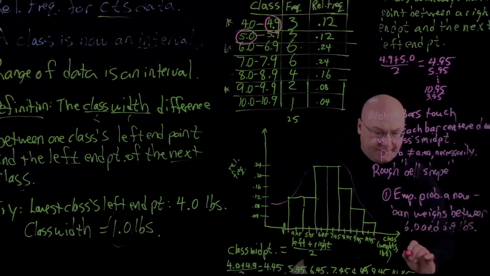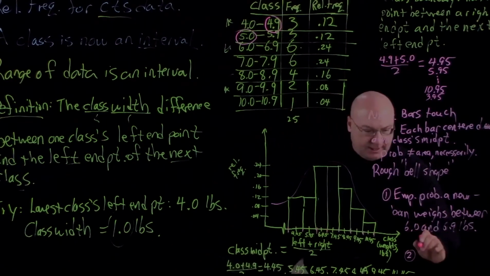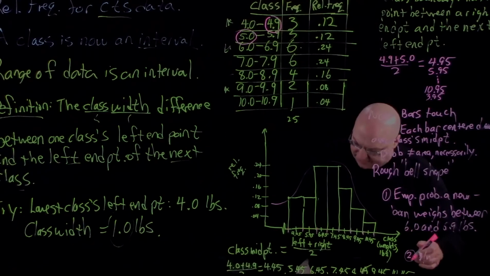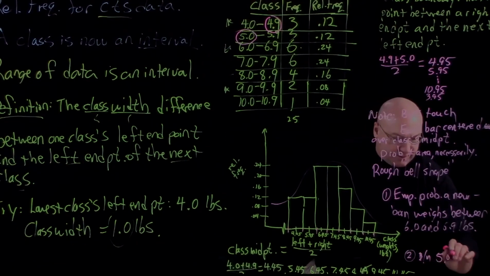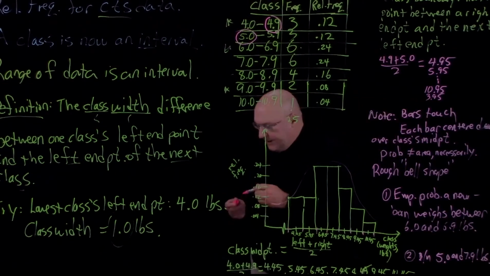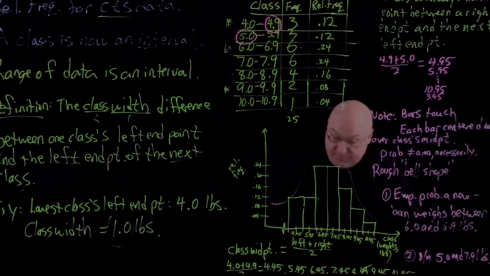Okay, and right here, number 2, things are getting awfully crowded, so I'm just going to abbreviate. I want it to be between 5.0 and 7.9 pounds. Okay, so pause and see if you can do that, and then I will come back and do them.